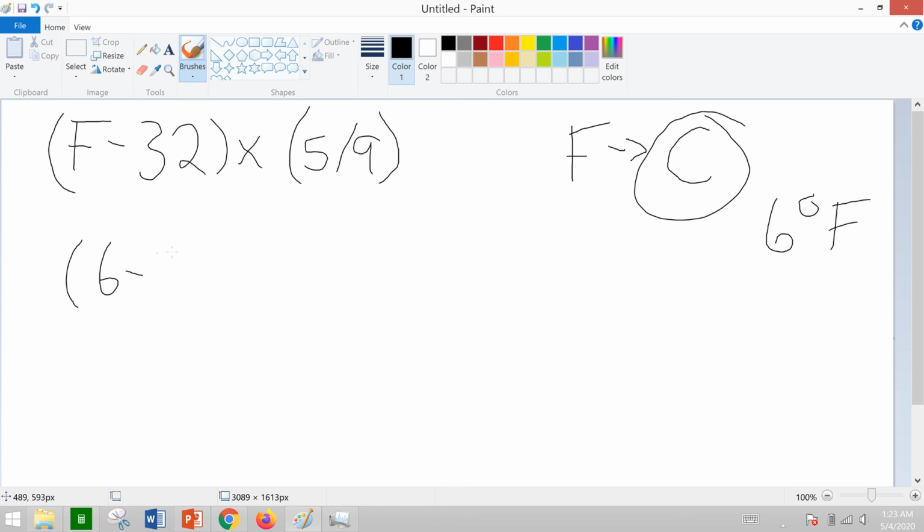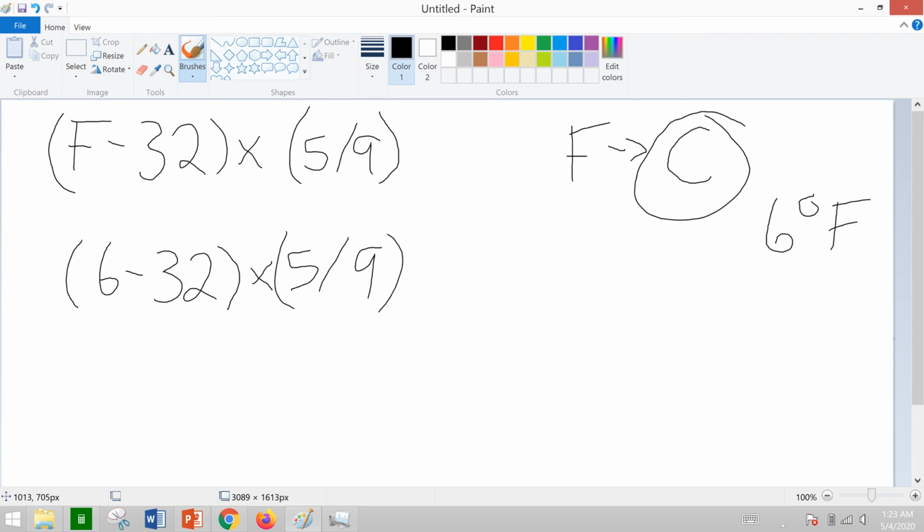So let's plug it in. 6 minus 32 times 5 divided by 9. Now remember I told you that you were able to simplify 5 divided by 9 to be 0.5 if you want.